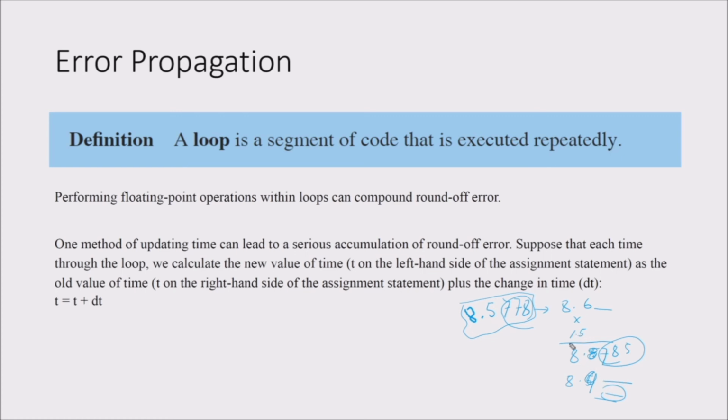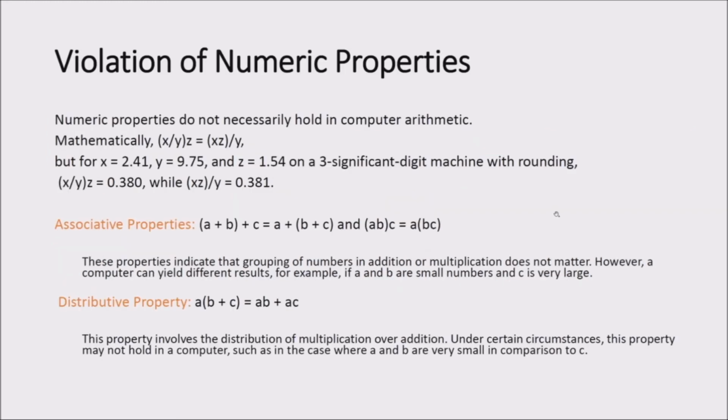When you're doing it in a loop, obviously these kinds of things can happen. So this is what the propagation error is: repeatedly executing the same thing creates some errors. I hope you understand that. You don't need much explanation on it, right?